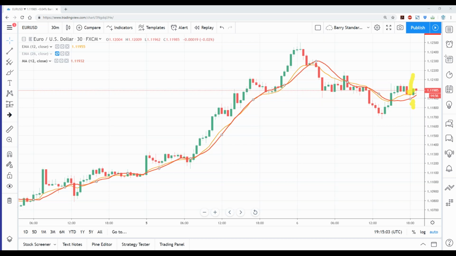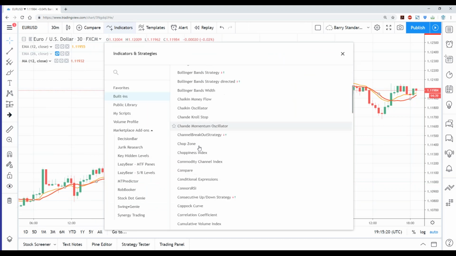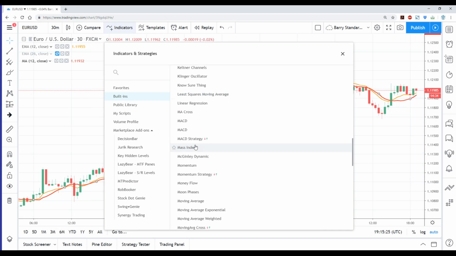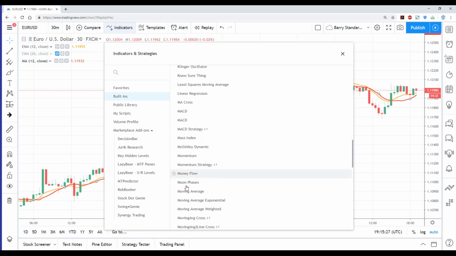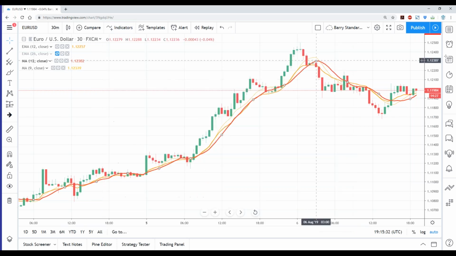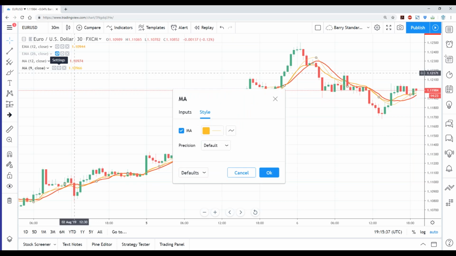Now, because of these marvelous computers we have, we can add what we call a displacement. I'm going to add another moving average onto my indicators, and I'm going to leave this one at a 12 period also, so we can compare.